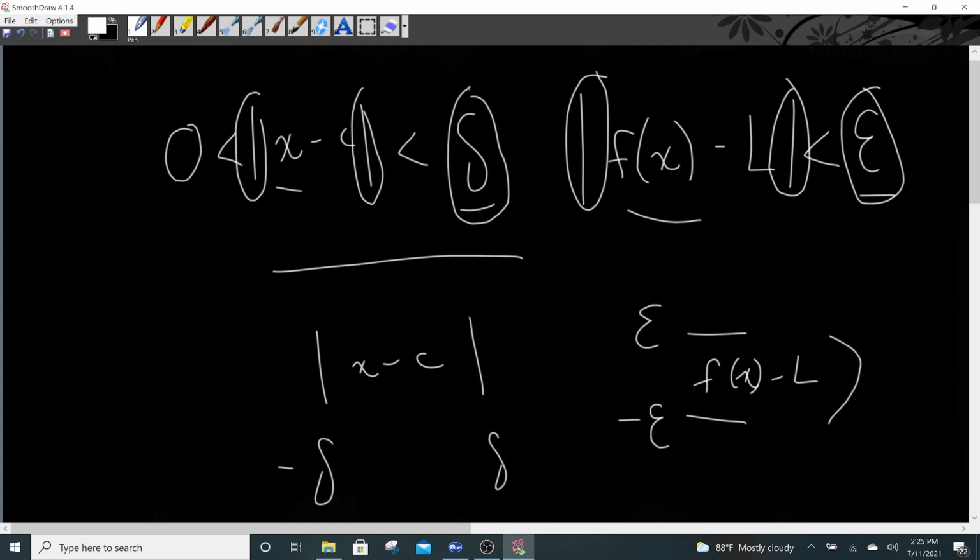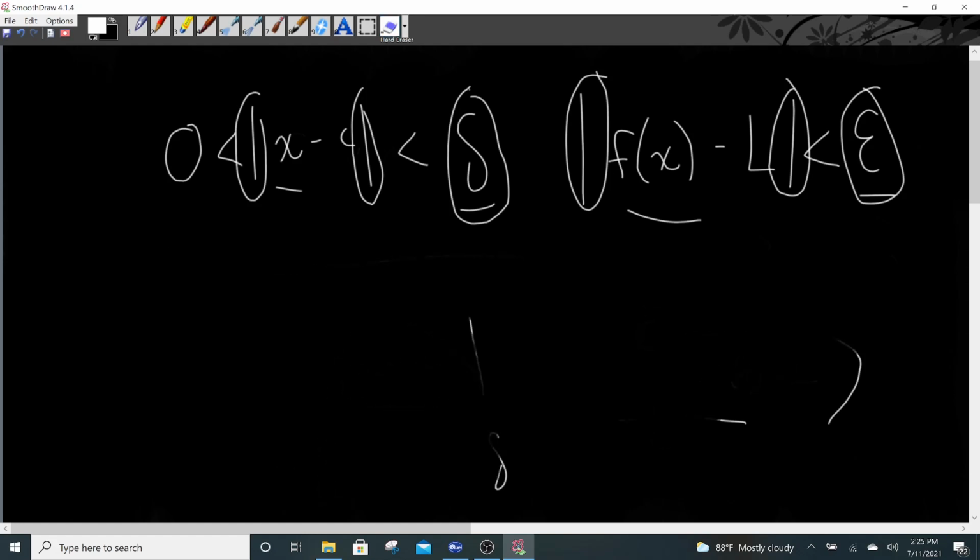This is going to be a range between negative epsilon and positive epsilon. This will be a range between negative delta and delta. And again, thinking about our zero less than, if 0 is less than the absolute value of x minus c, that just means that x minus c cannot equal 0.